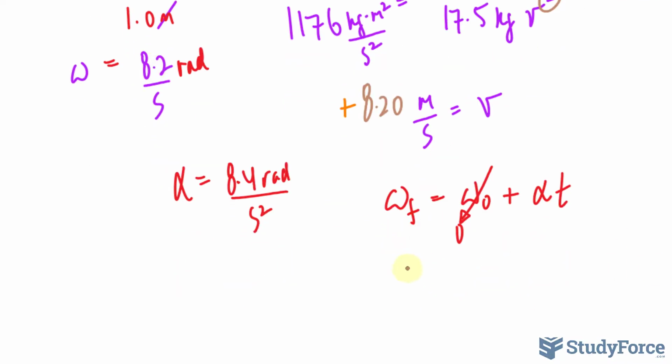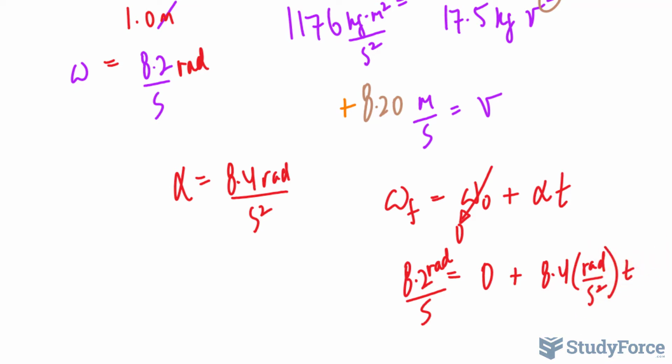Therefore, placing 8.2 in for the final, 0 plus 8.4 t. And make sure that you write the units down. So that's radians per second, and that's radians per second squared, t.